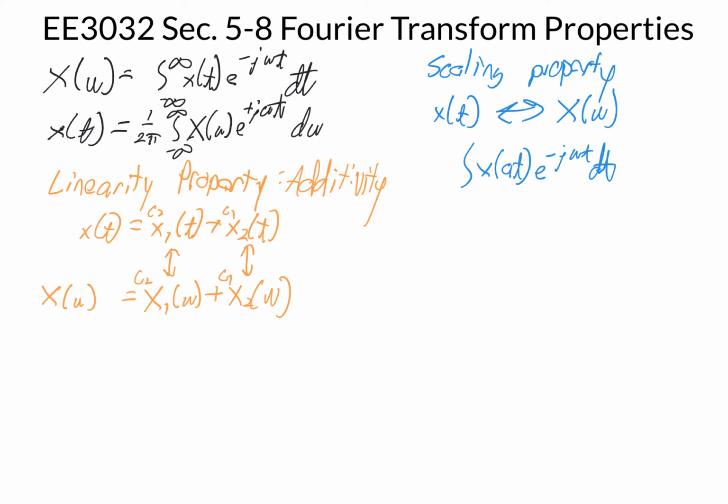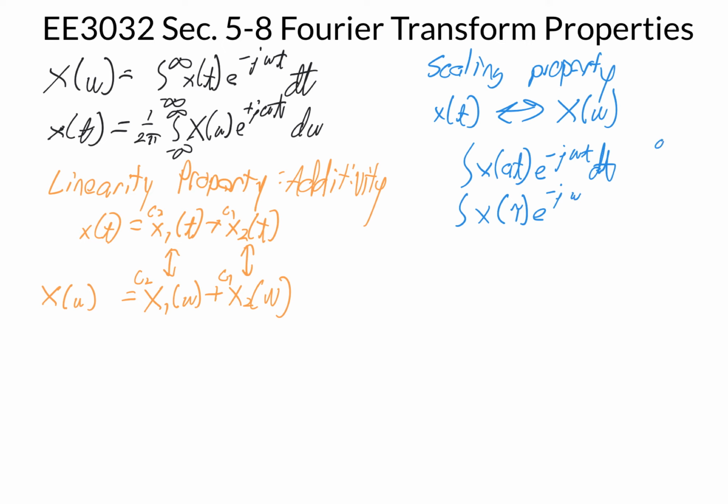and as I take the Fourier transform here, let's replace the product at with a variable tau, and then I have e to the minus j, and I have omega. And let's see, what do we have to do with the t?